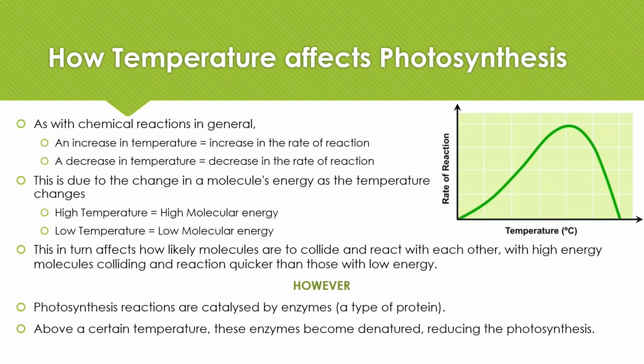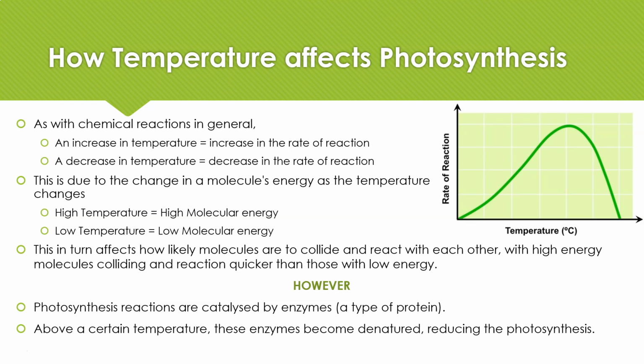So high temperatures equal high molecular energy, low temperatures equal low molecular energy. And so the higher the molecular energy, the more likely they'll collide and react. The lower, the less likely they'll collide and less likely they'll react. So that's the basics of chemical reactions. But because photosynthesis reactions, like a lot of other pathways in organisms, are catalyzed by enzymes, which are a type of protein, you need to remember how proteins get affected by temperature as well.